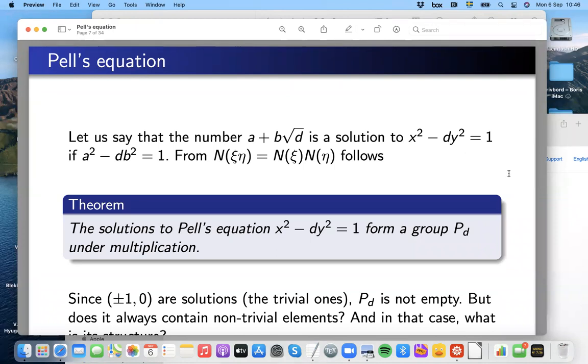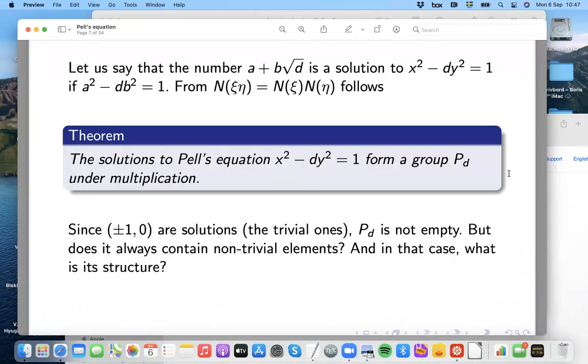Now the next thing to consider is, well, obviously for any d, we have at least some fairly trivial solutions: x equals plus minus 1 and y equals 0. We always get that (plus minus 1, 0) satisfies Pell's equation.